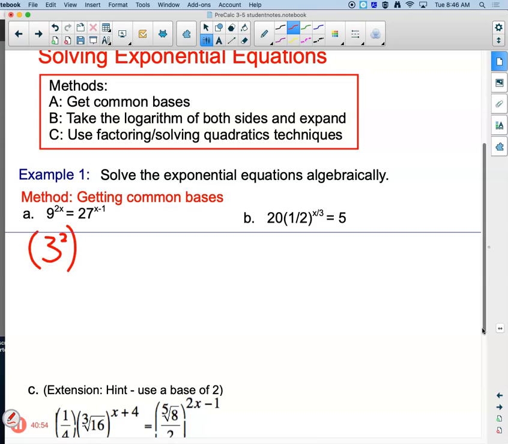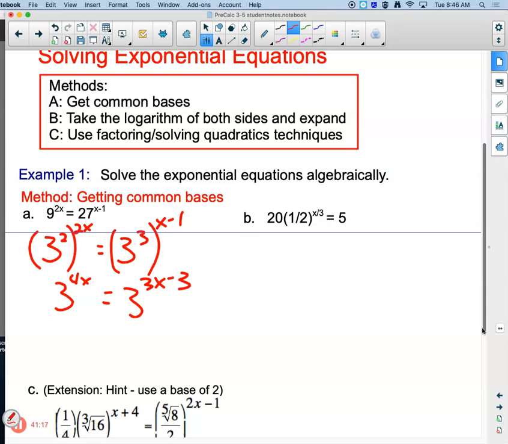So 9 can be rewritten as 3 squared to the 2x, and 27 can be written as 3 cubed to the x minus 1. And then we know that when you raise a power to a power, you're supposed to multiply. So this would be 3 to the 4x equals 3 to the 3x minus 3.